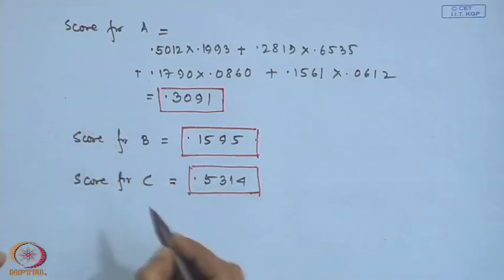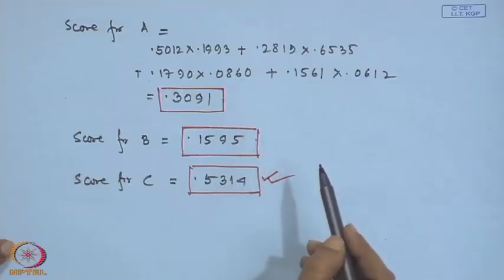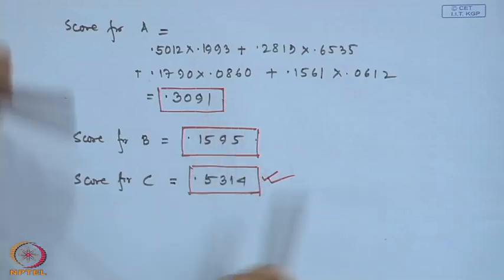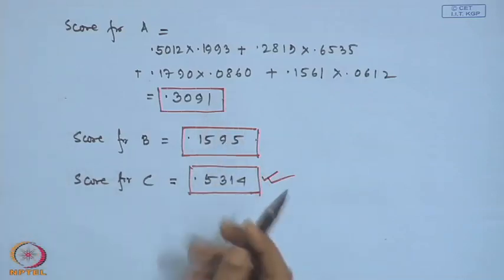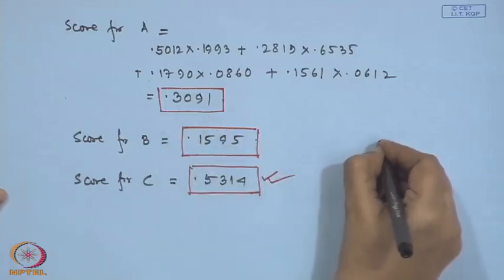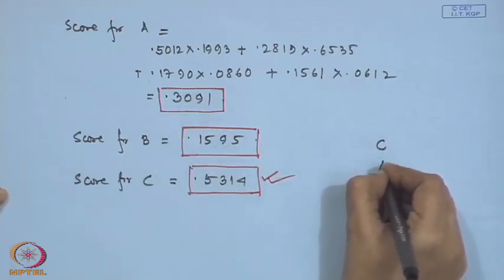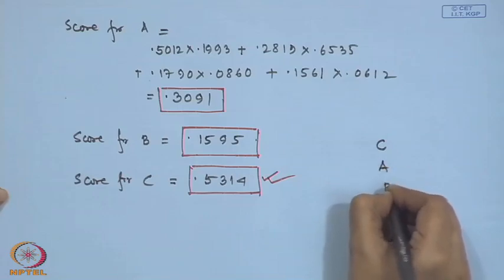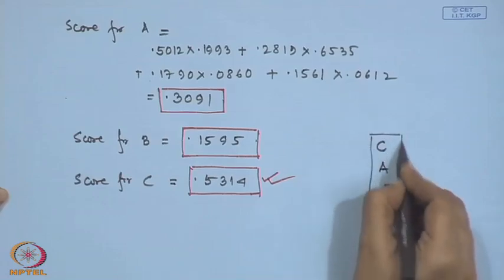That is why alternative C is more preferable with respect to the given information. Location A is preferable to B, but less preferable than C. This way we can rank the alternatives, and depending on the situation, you can decide which one has to be selected. That is all about the AHP process.